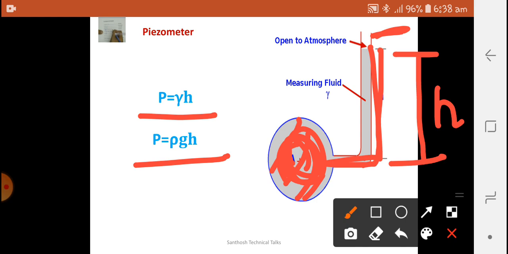Here the same liquid is getting raised. If we want to measure a huge pressure, we need a large height of the fluid in the glass piezometer tube.